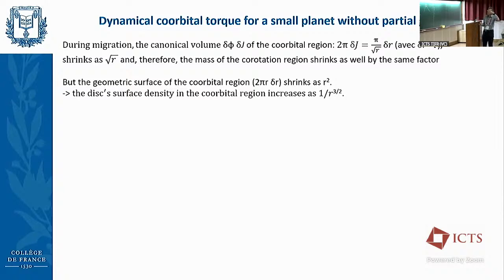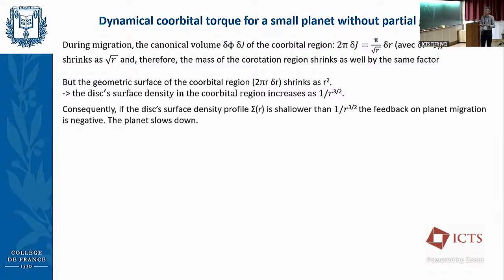And so the surface density in the co-rotation region increases like 1 over r to the power 3/2. And this is the key. So if your planet is moving in a disk whose surface density profile is shallower than 1 over r to the power 3/2, then as the planet migrates, at some point the density in its co-rotation region becomes higher than the environment density in the disk. And so the negative feedback from the co-rotation region wins, and the planet slows down.